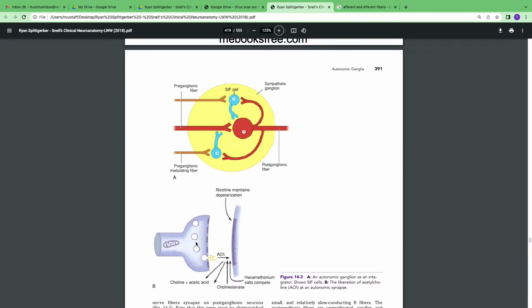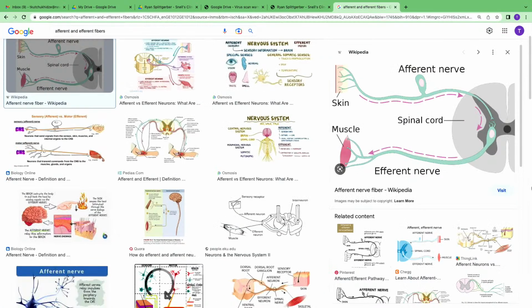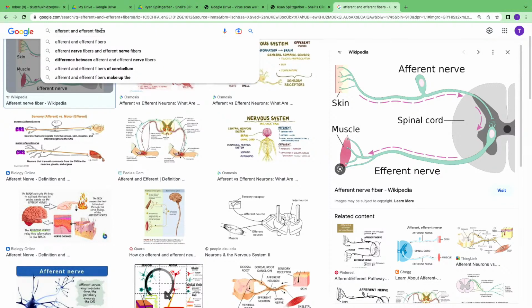For example, we have a preganglionic and a postganglionic fiber, right? And between them we have some kind of space, and it is called the ganglionic cleft. So let's see how acetylcholine is synthesized, and I will explain it more easily.